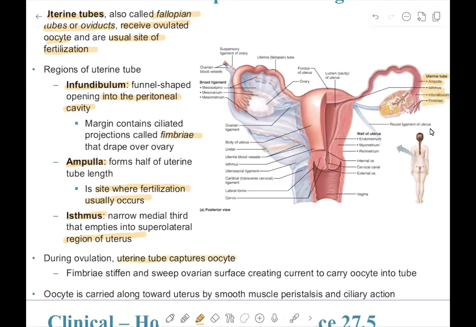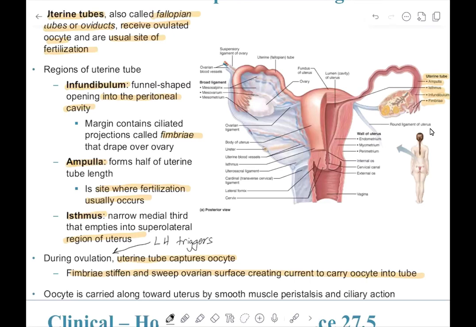There is a possibility that it goes into the peritoneal cavity, but hopefully that does not happen. So the fimbriae stiffen and sweep the ovarian surface, creating this current to carry the oocyte into the tube. So during ovulation, it's important that you know that LH triggers ovulation.